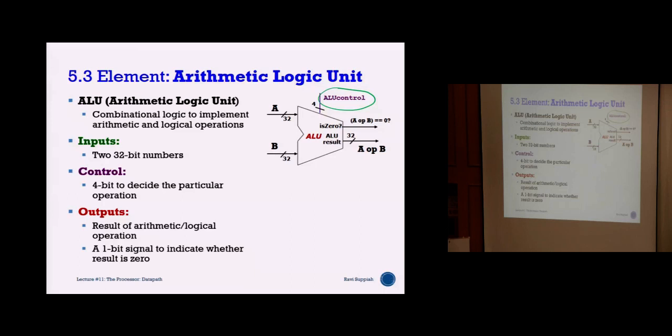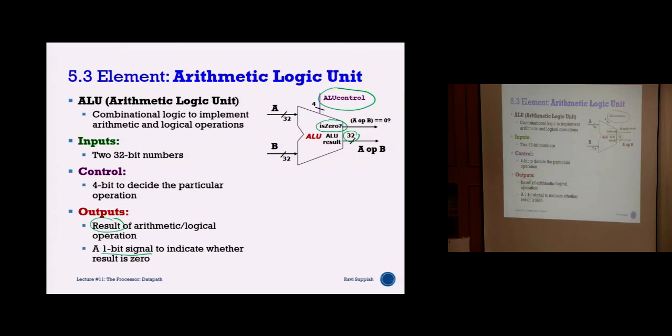So you have two input 32-bit numbers, and you have one output here, which is the result. The result here is 32-bit, and at the same time you also have another output here called is0. This is0 is a 1-bit signal to indicate whether the result is 0 or not.